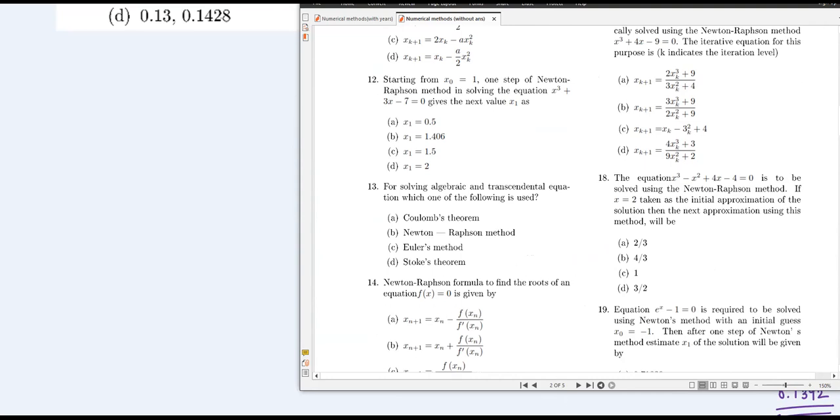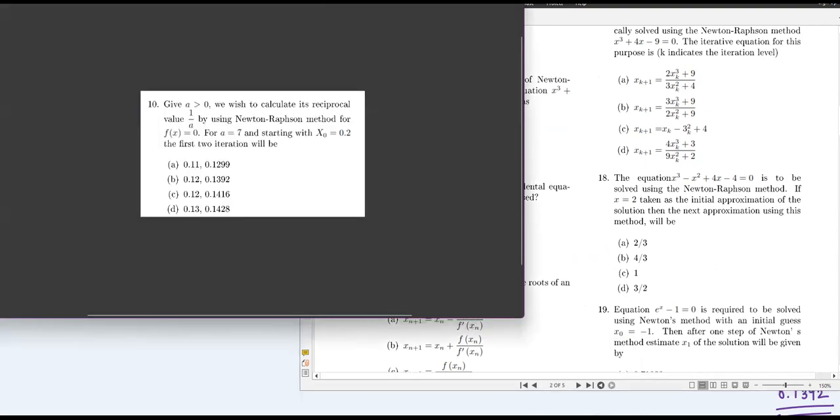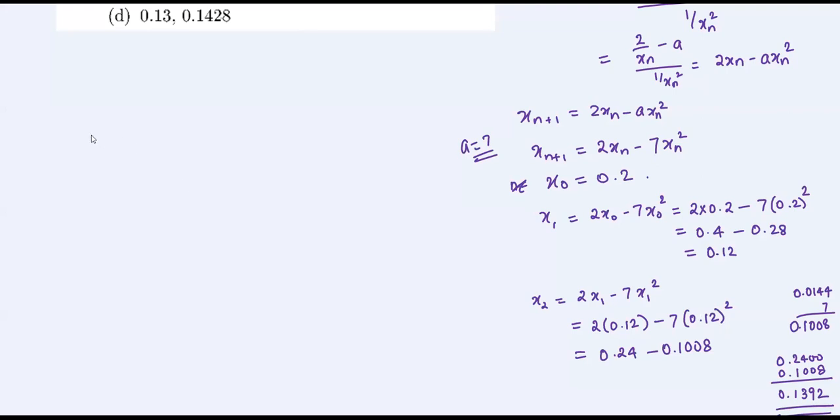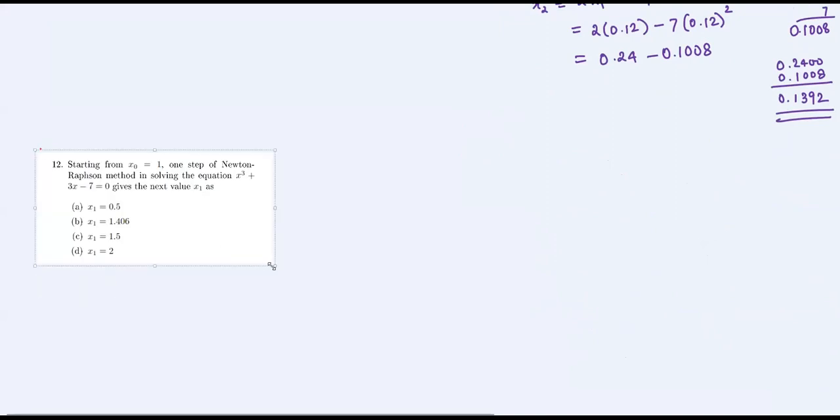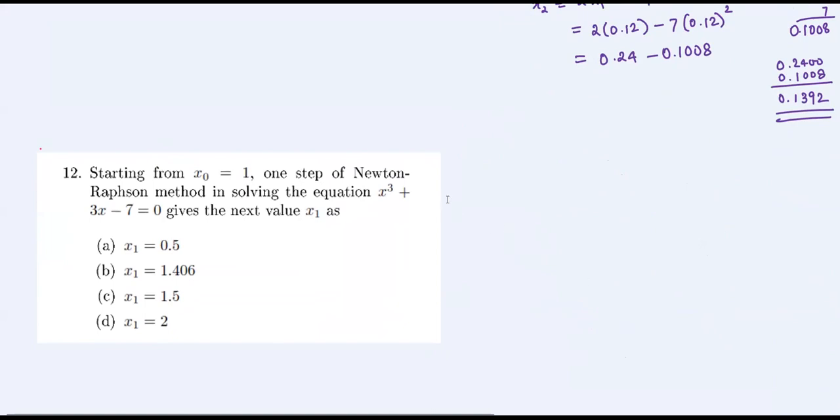Starting from x naught equal to 1, let us do this. So all the questions are on Newton-Raphson's, not even one on bisection, regula falsi. So starting from x naught equal to 1, one step of Newton-Raphson method in solving the equation gives the next value x1 as.